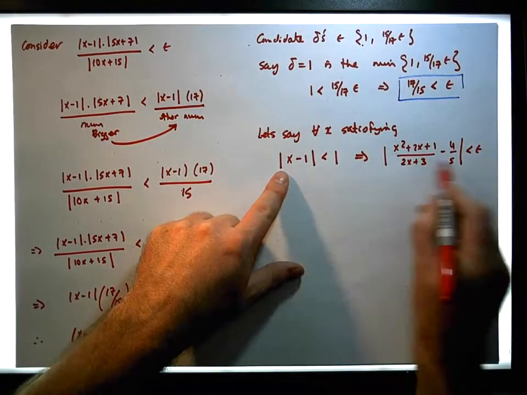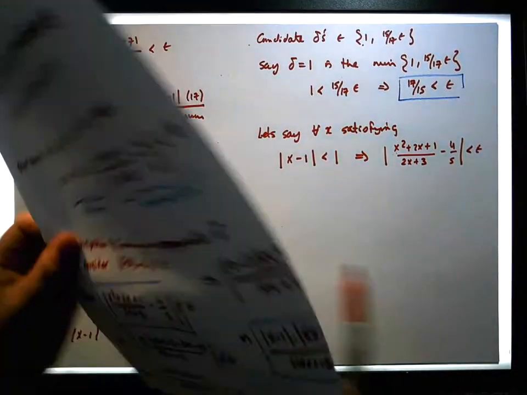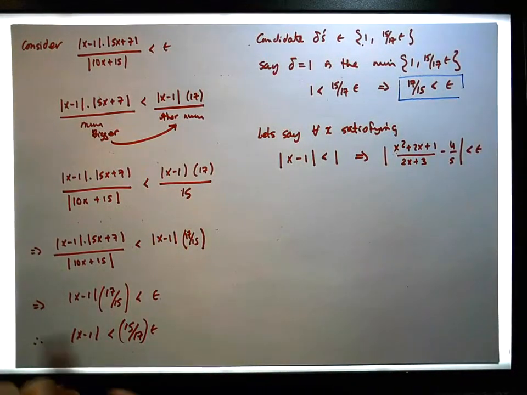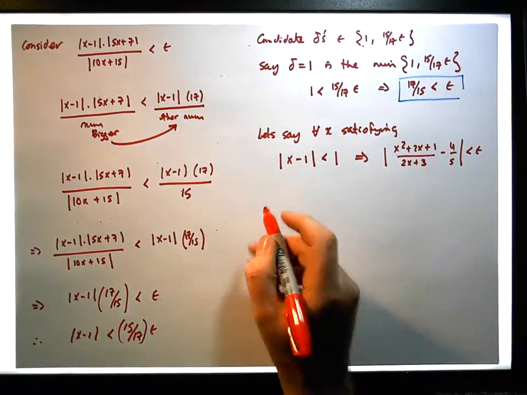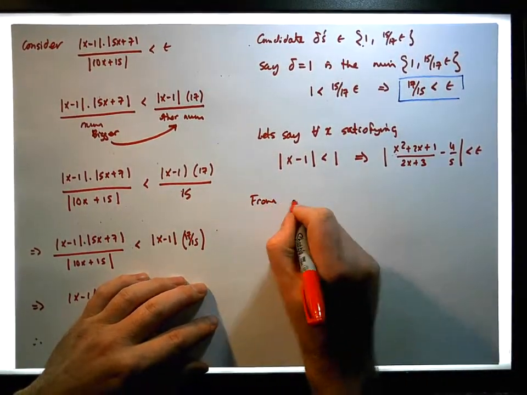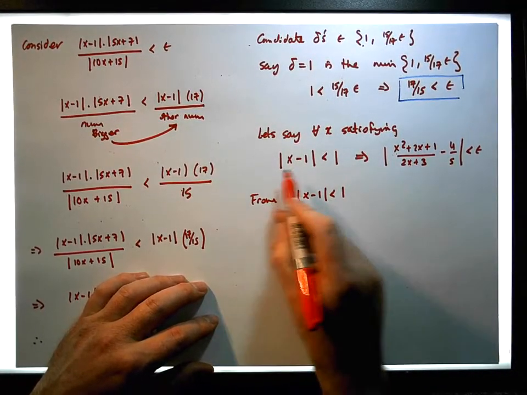We have to, from here, show this. And as I said a moment ago, we're not really going to show this piece. We're going to try to show this piece here. So from |x minus 1| less than 1, our premise, let's assume this to be true.